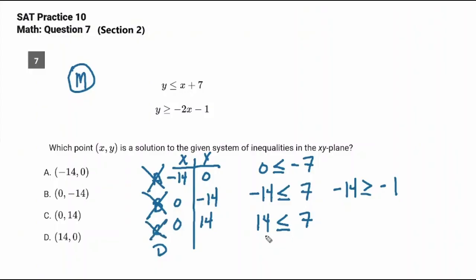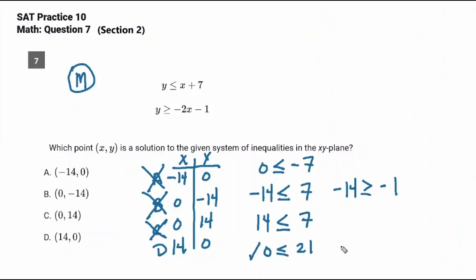All right, we got time. Let's do D. 14 and 0. This time y is 0, so we're doing the first equation. Y, 0, is less than 14 plus 7, 21. That's true. Checks out. So we're going to do the second equation.